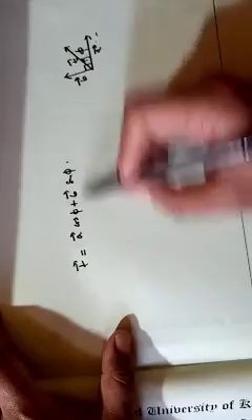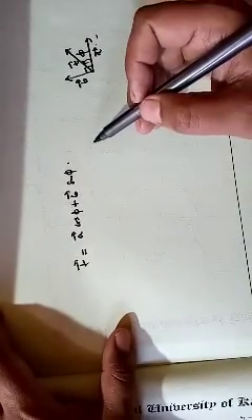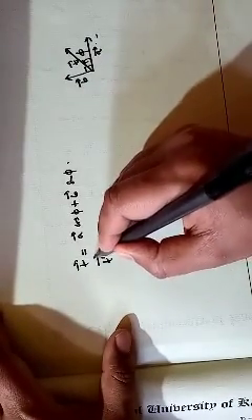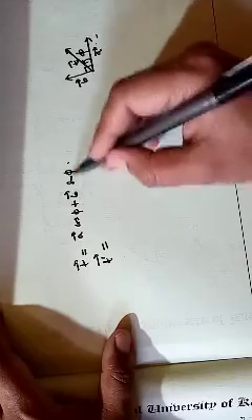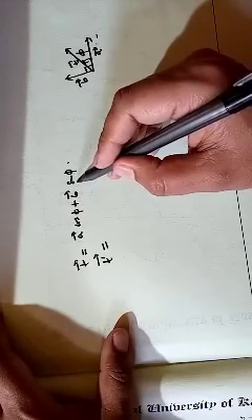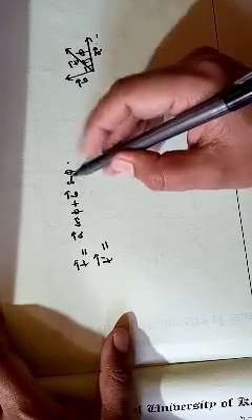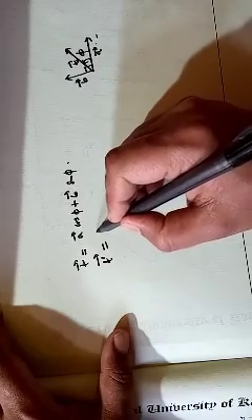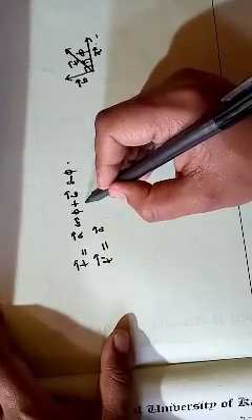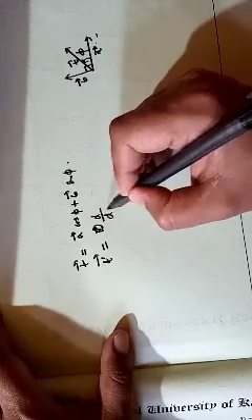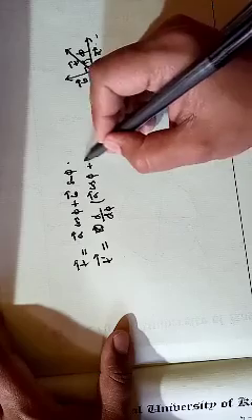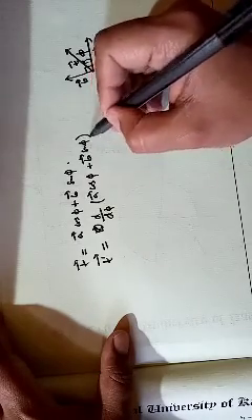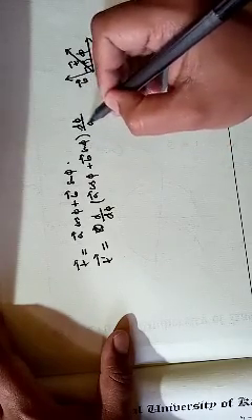Now if I differentiate with respect to s, a and b are of course constant fixed vectors of unit length, so using the chain rule, we differentiate with respect to phi, d by d phi of a cos phi plus b sine phi, times d phi by ds.